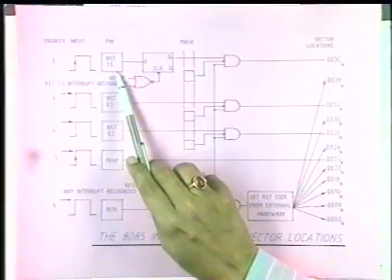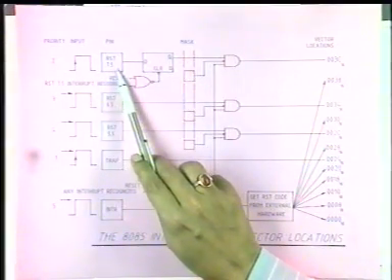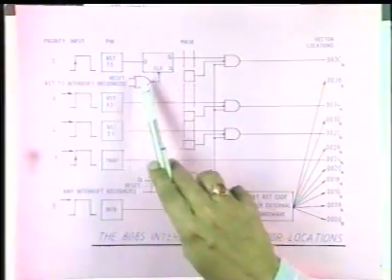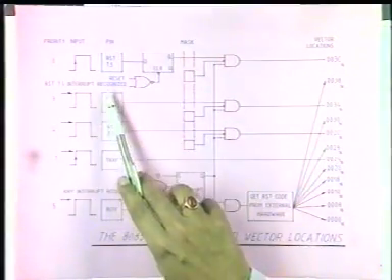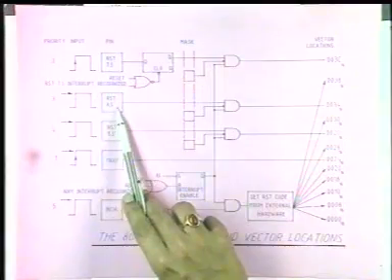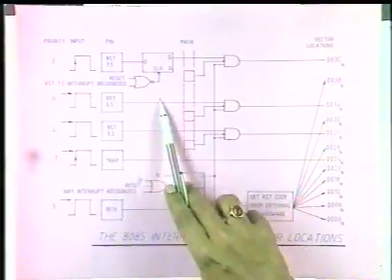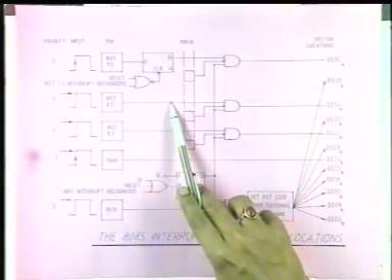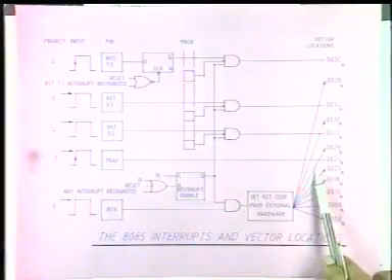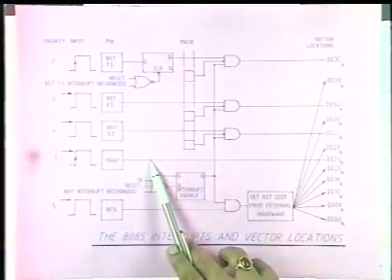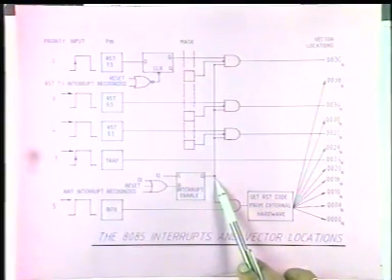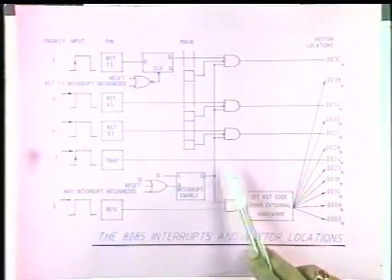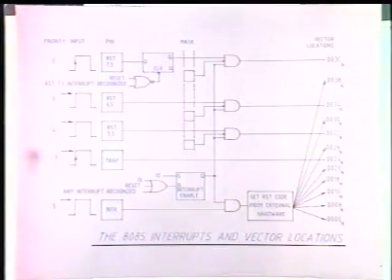Now, RST 5.5 and 7.5 have a flip-flop here which latches the request, and for RST 6.5 there is no flip-flop because it is level sensitive. And the TRAP goes directly inside the CPU; it is not enabled by the interrupt enable flip-flop because it is non-maskable.